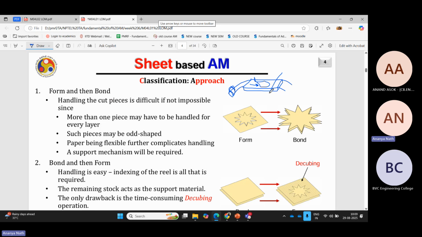Now another roller will come and roll over the paper sheet, and it will press and give some heat to the sheets so that two adjacent layers can be joined together. This is the overall process of sheet lamination.